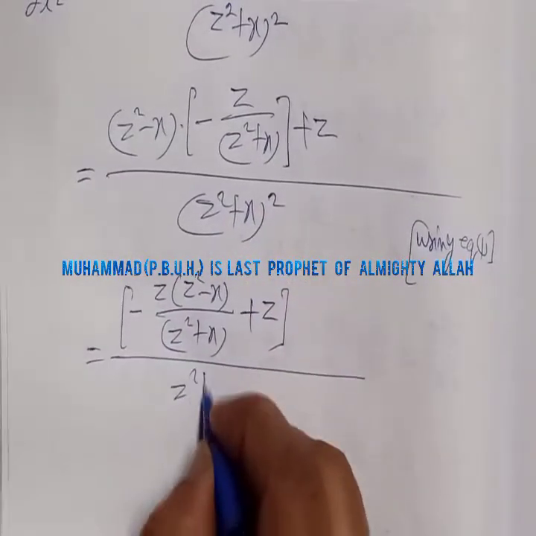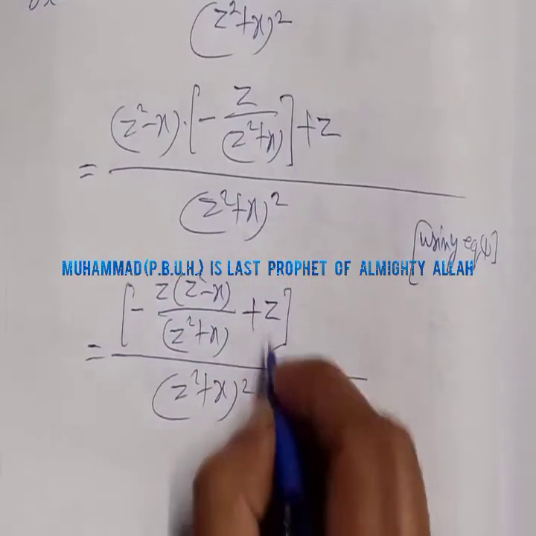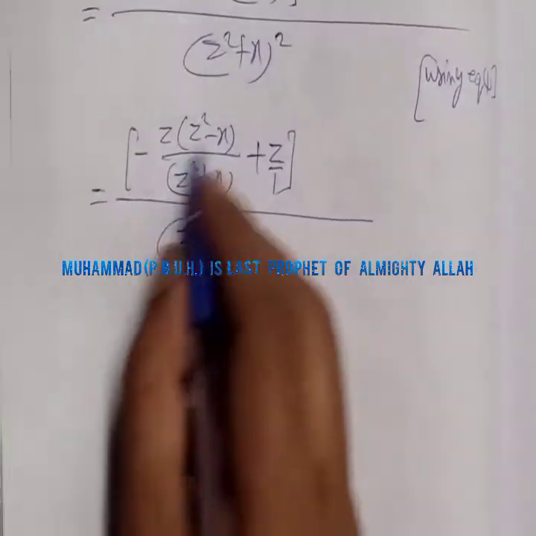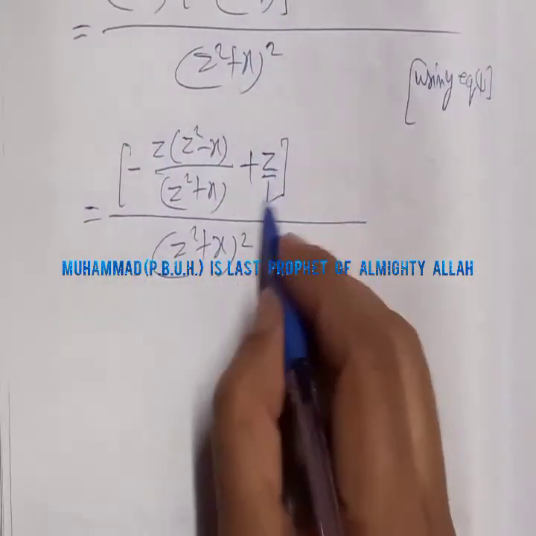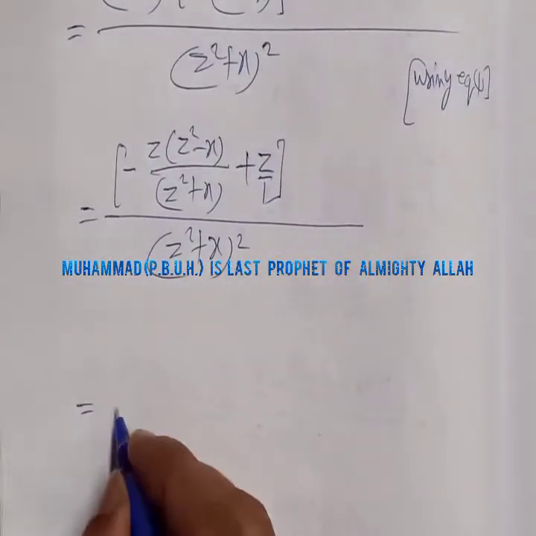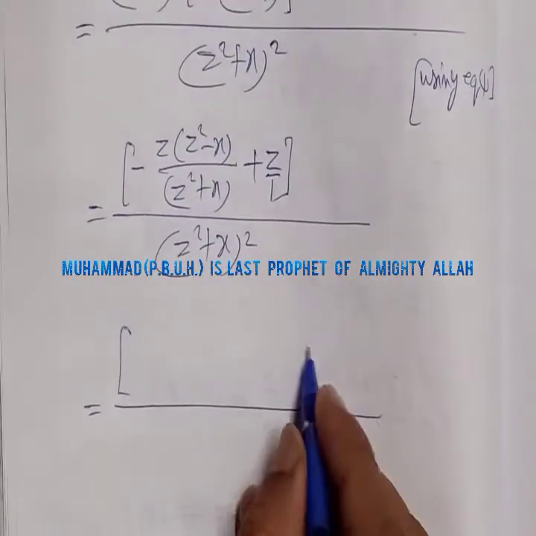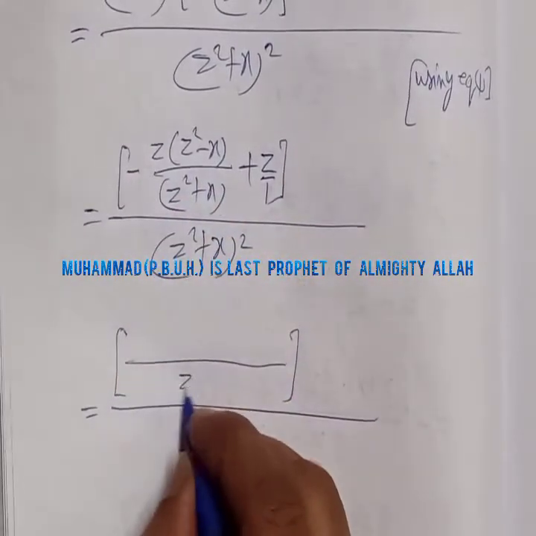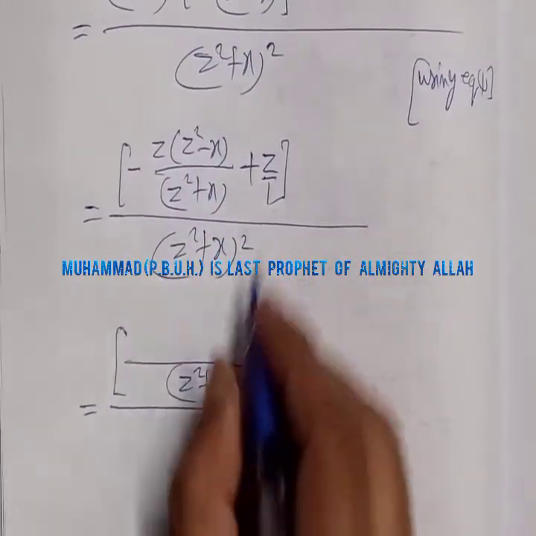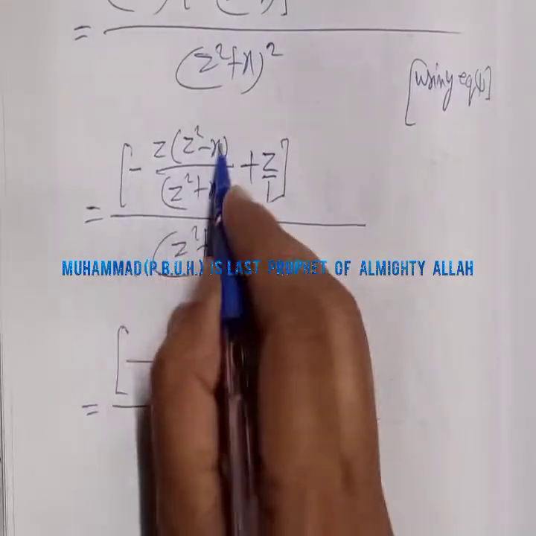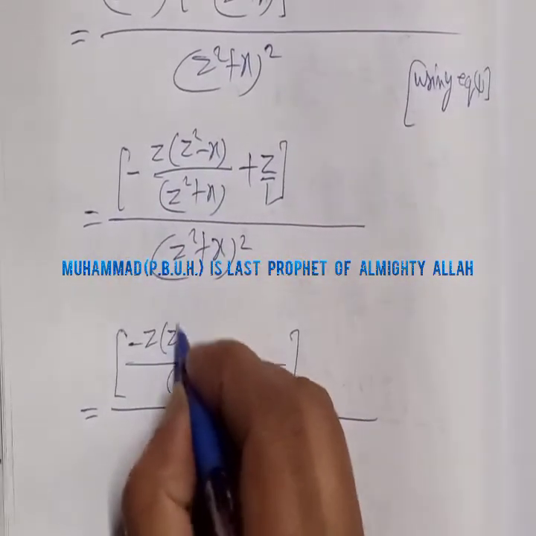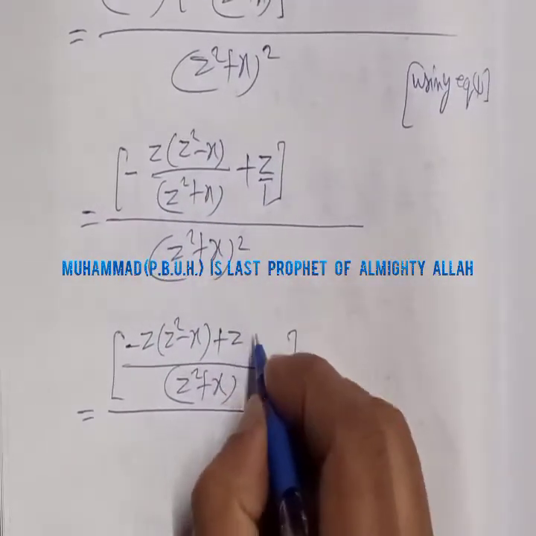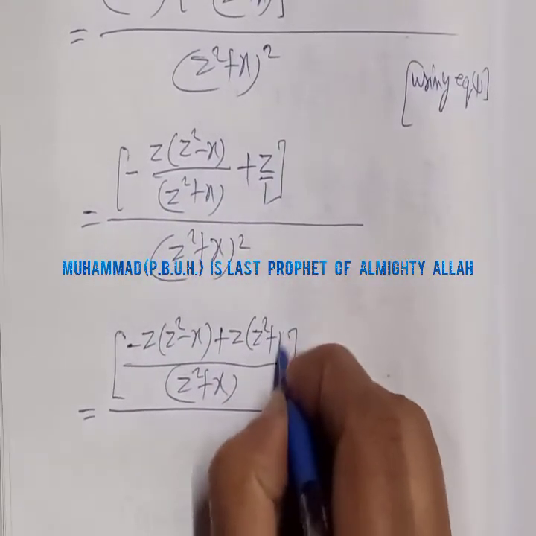Denominator is z square plus x whole square. We can write z as z upon 1 because this is a fraction, so I convert it also into a fraction and take LCM. LCM of 1 and the other is the other, which is z square plus x. Then 1 multiplied to this, we get minus z square minus x, and this value multiplied to that, we get z and z square plus x.